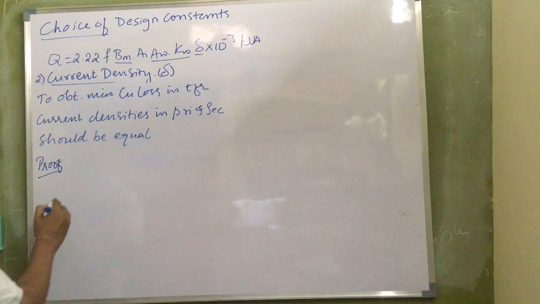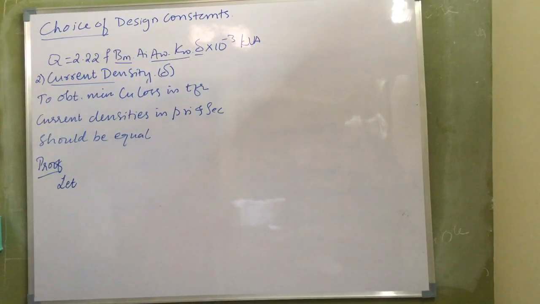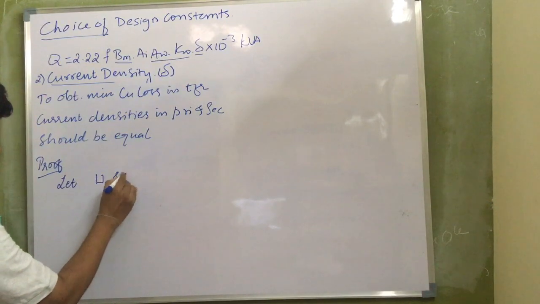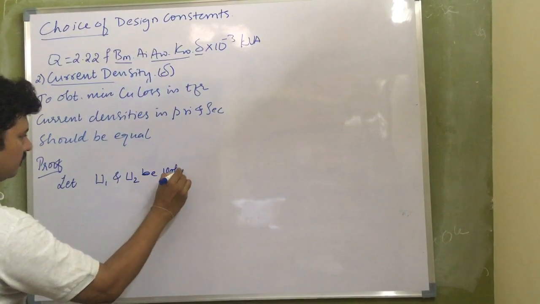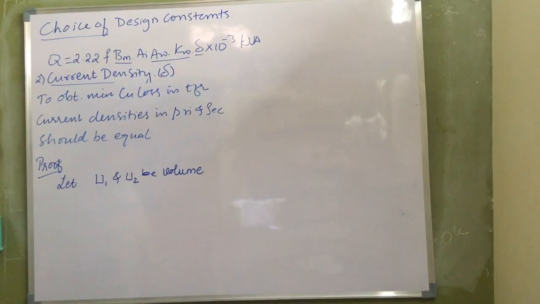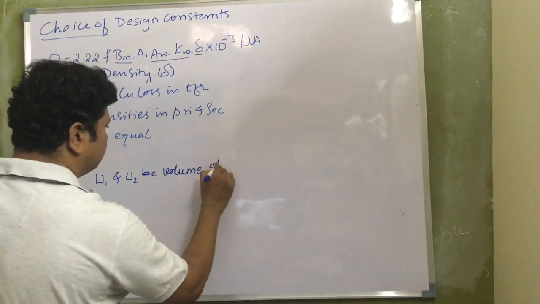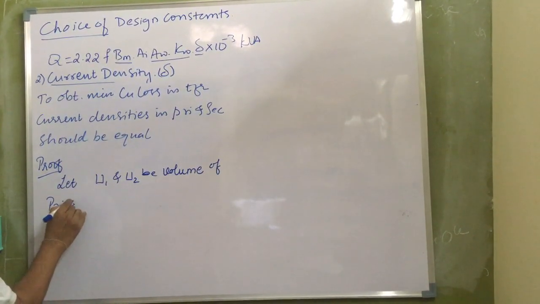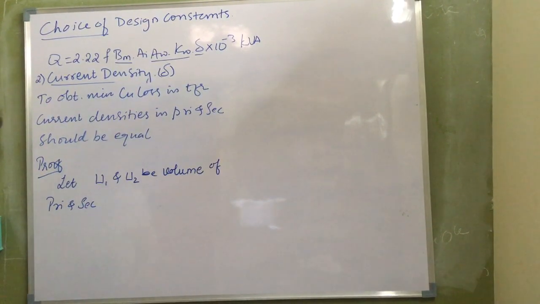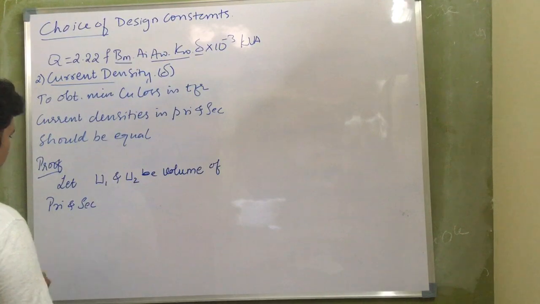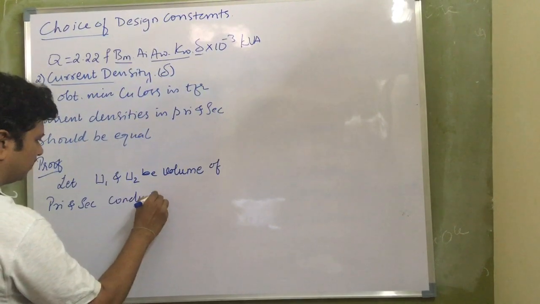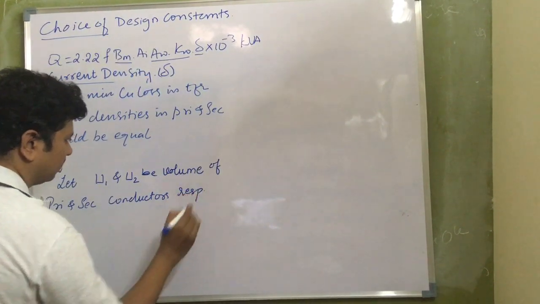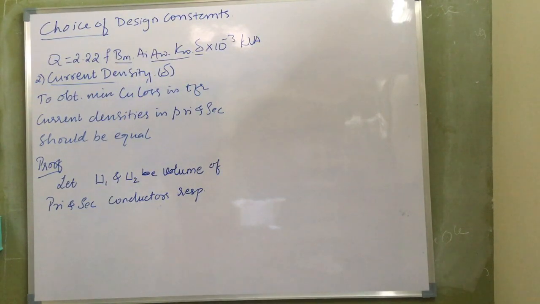Proof. Let U1 and U2 be the volume of primary and secondary conductors respectively.